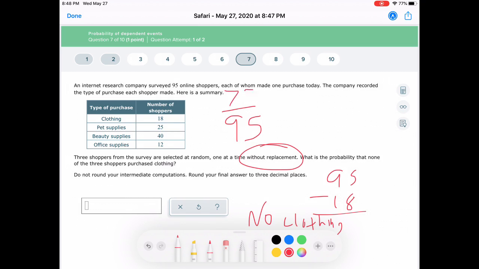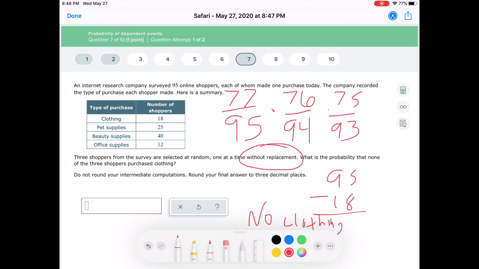So 77 people didn't purchase clothing. After that, if one of those people is chosen, there are 76 people left out of 94. And then after that, there will be 75 left out of 93. So 77 out of 95 times 76 out of 94 times 75 out of 93 will give us the probability that none of the 3 shoppers purchased clothing.